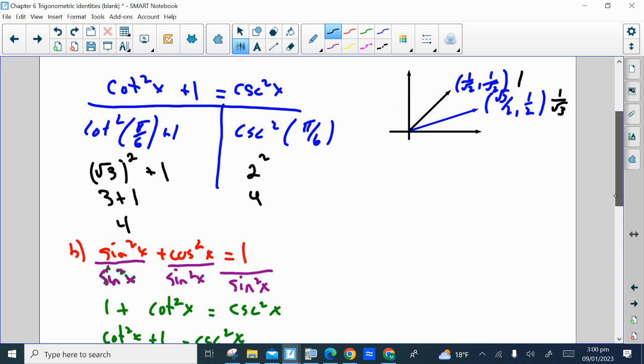So at pi on 4, the sine and cosine are both 1 over root 2. 3 pi on 4 would be in quadrant number 2. And using the CAST rule, only the sine is positive there. So at 3 pi on 4, it'll be negative 1 over root 2, comma, positive 1 over root 2, and the tangent would be negative 1.